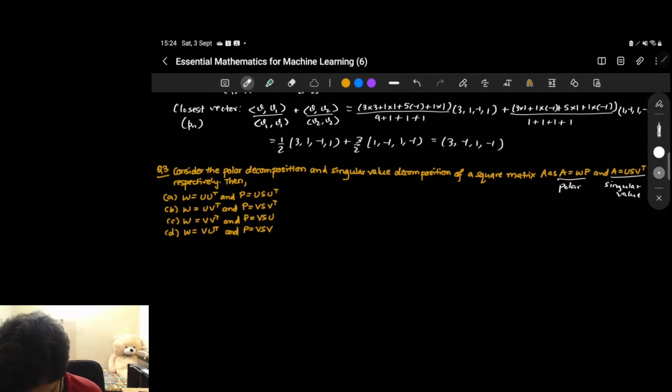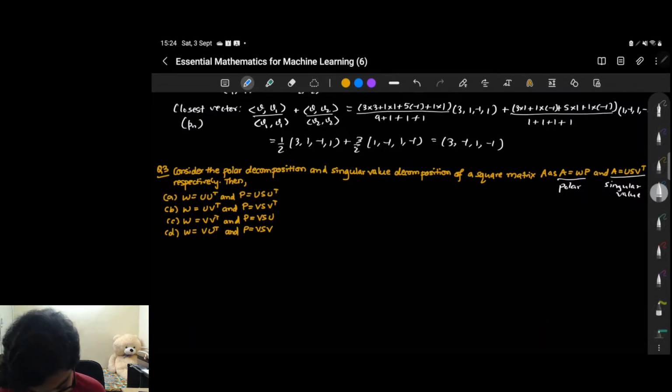So let us start. Singular value decomposition, sorry. So singular value decomposition is given as follows.